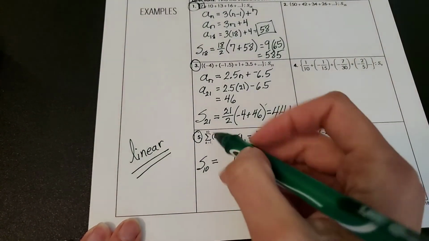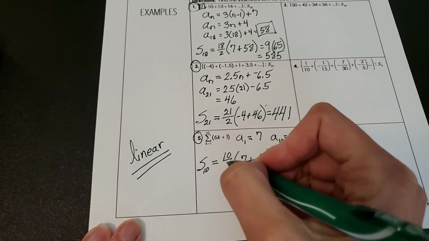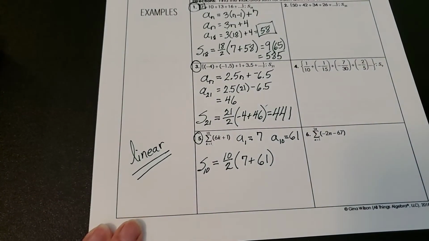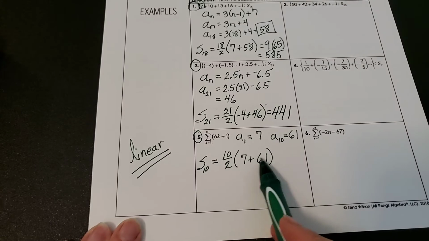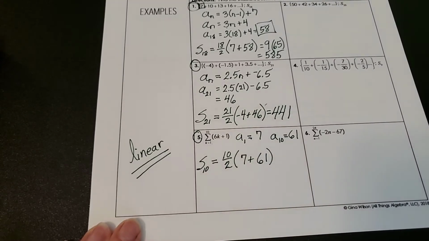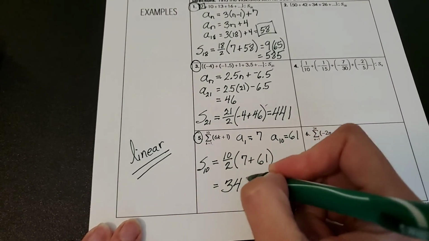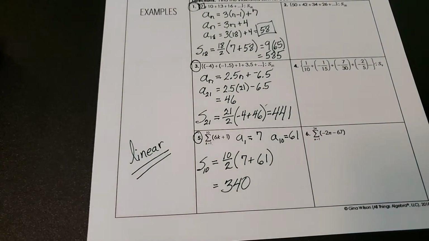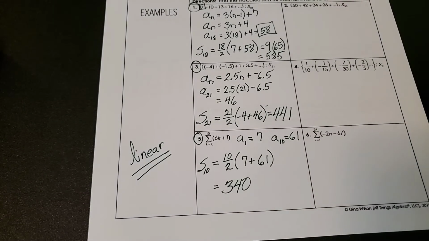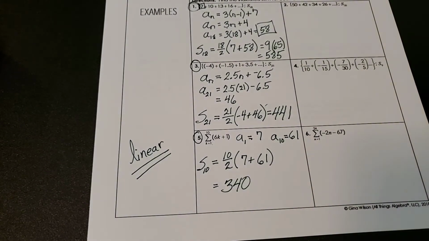And I have 10 terms. And so the sum of 68, there will be 5 of them. 5 times 68 is 340. All right. That is the sum of an arithmetic series.